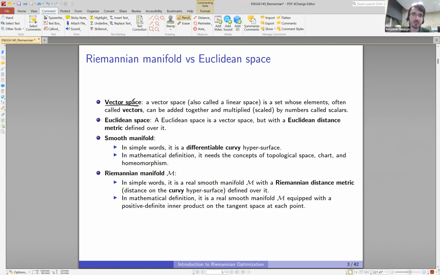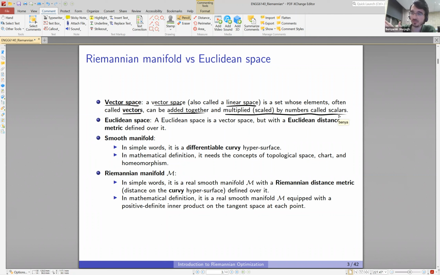Vector space. What is a vector space? A vector space, also called a linear space, is a set whose elements, often called vectors, can be added together and multiplied or scaled by numbers called scalars. So in simple words, we can scale the vectors by some scalars, and then we can add them together.